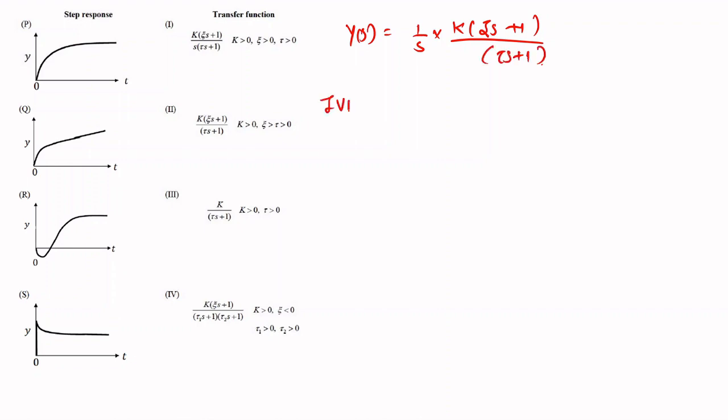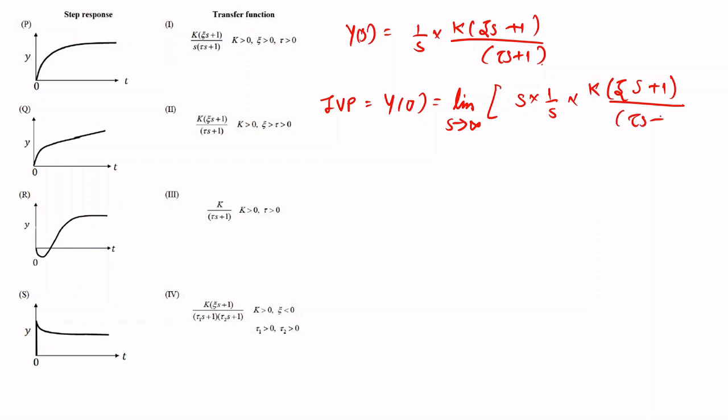Now for the initial value, we can write y of 0 as limit s tends to infinity of s into 1 upon s, k (zeta s plus 1) upon (tau s plus 1). This will get cancelled out.